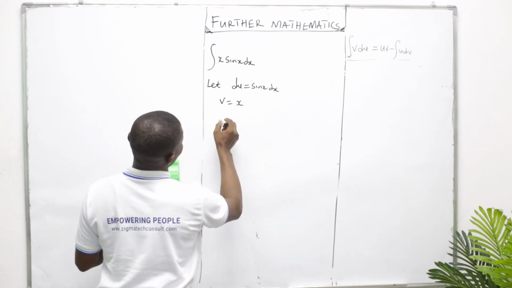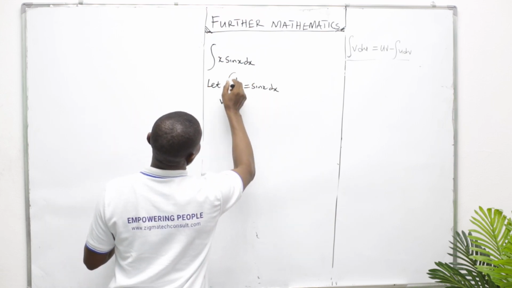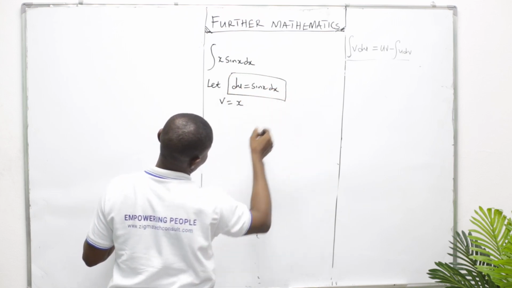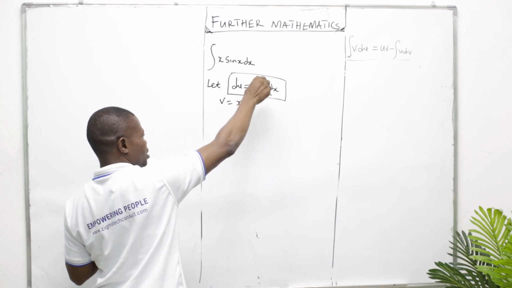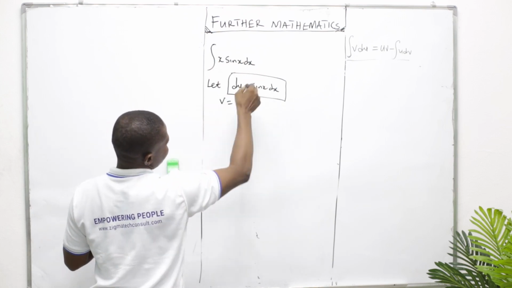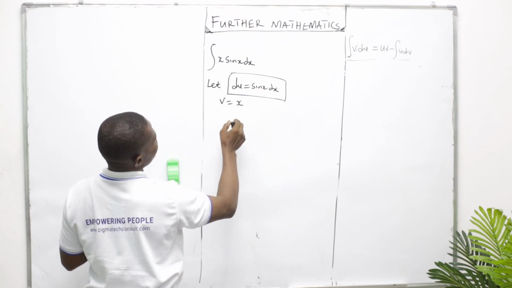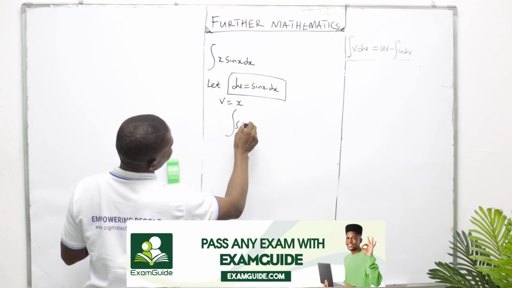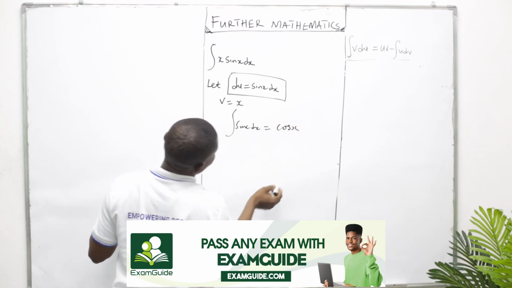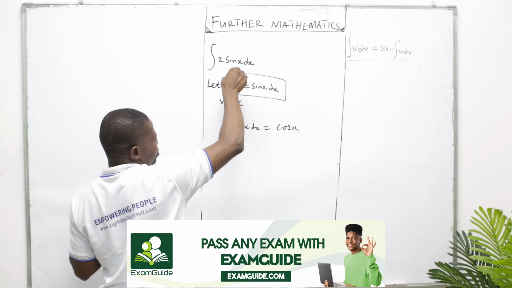Now, since I have dv equals sine x dx, it means I am to integrate, because it's assumed it has been differentiated already. Now, if I integrate sine x, the integral of sine x dx equals minus cos x, meaning I am looking for a single v.